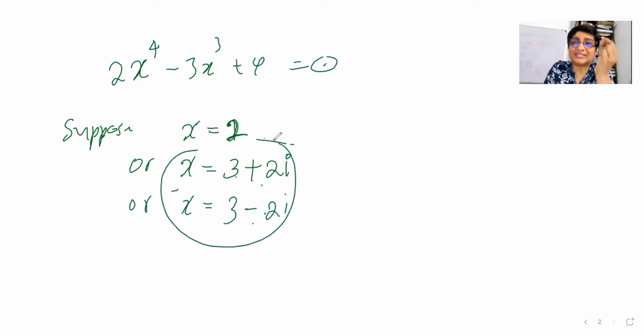If one complex number is a solution, its conjugate would automatically be a solution. Okay, so you understood, Nathan. Very good. So let's look at some examples now.